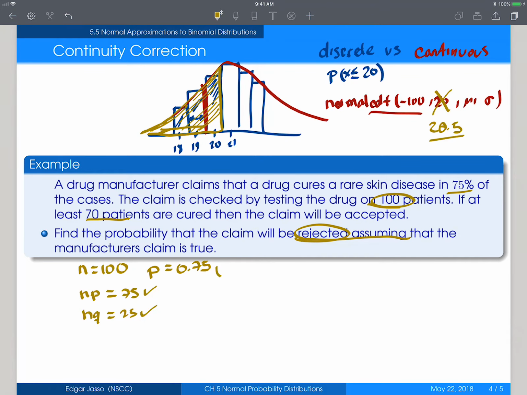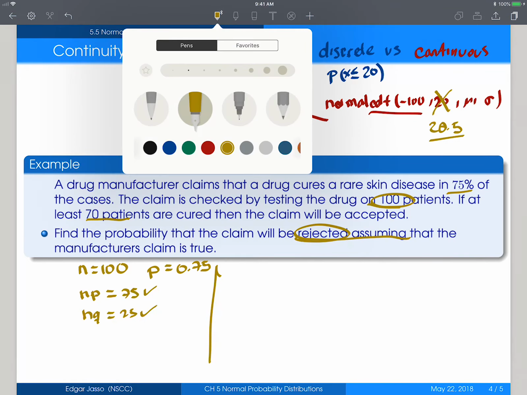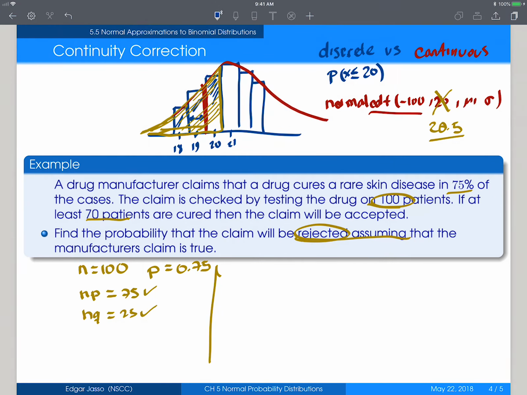That means we want to find the probability that X is less than 70, right? Because it will be rejected if this is not true, and it will be accepted if it's at least 70. At least 70 includes the 70, and it will be rejected if it's less than 70.